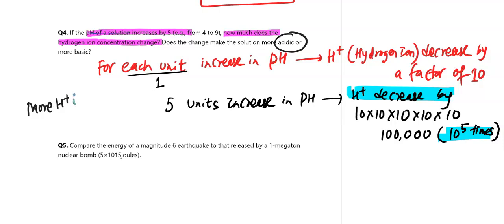More hydrogen ion, acidic. Less hydrogen ion, basic. So in this case, the hydrogen ion decreases by 100,000 times. So the solution becomes more basic because we have less hydrogen ion. Okay.